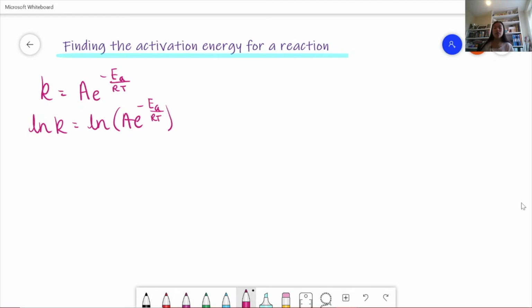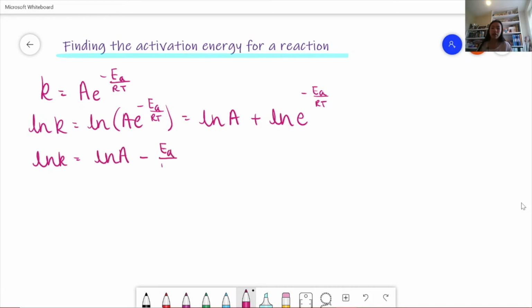And the rule about multiplying two logs together is that this is equal to ln A plus the ln of e to the power of minus Ea over RT. And then we can take this power down. So we would get ln k equals ln A minus Ea over RT ln e. A very important thing to know is that ln e is equal to 1.